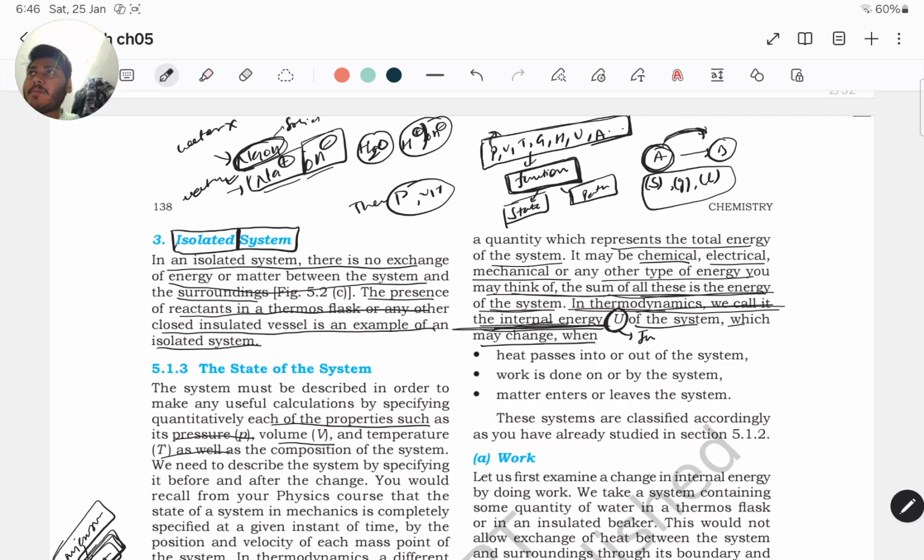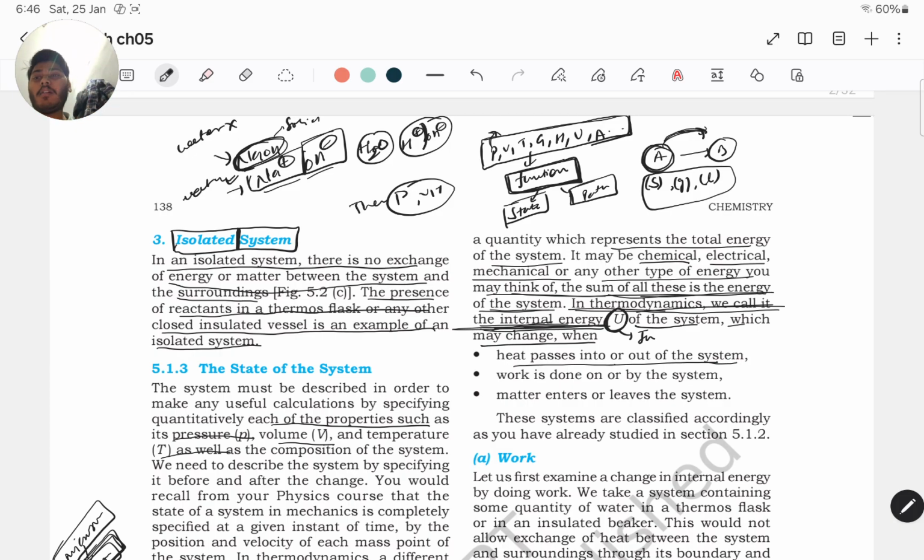Internal energy means, for example, the basic example: you eat food, it starts to digest, and you feel some energy, some stamina in your body. The same concept is there in our chemistry. So heat can pass into or out of the system.